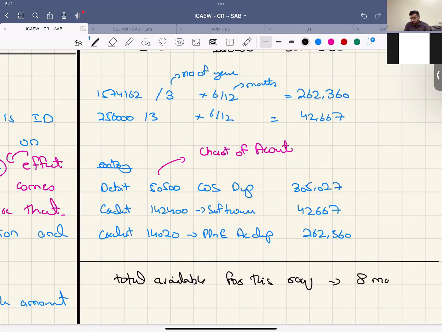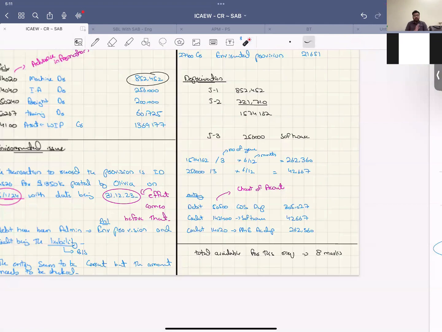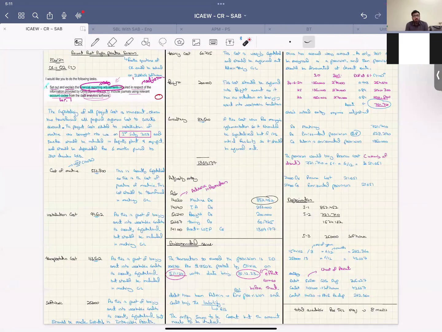So 8 marks. So we've just got 8 marks by writing all these. I've tried writing it with perfection. You are not sure that you should be writing it like this, but if you have attempted somehow 70-80%, you would have got 8 marks easily. I've written GLs, I've totaled the amount, I've written the entries.